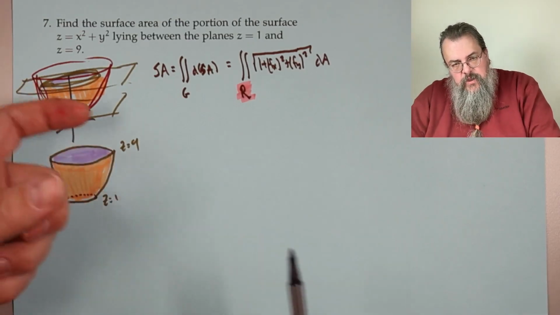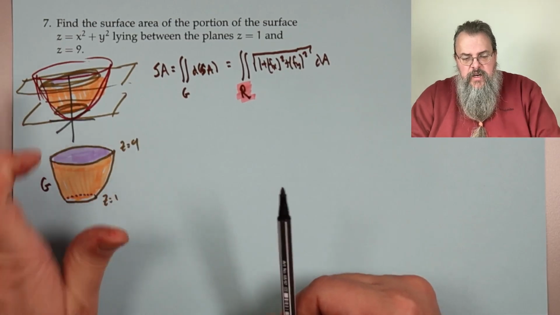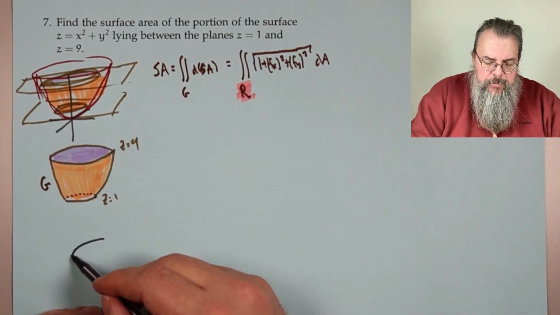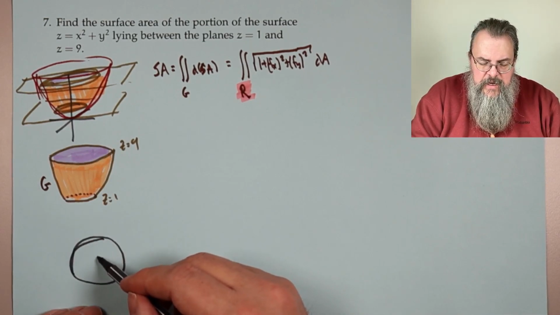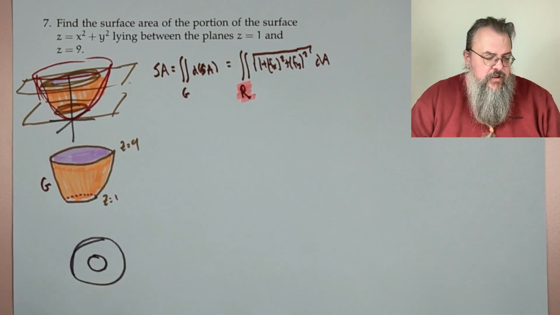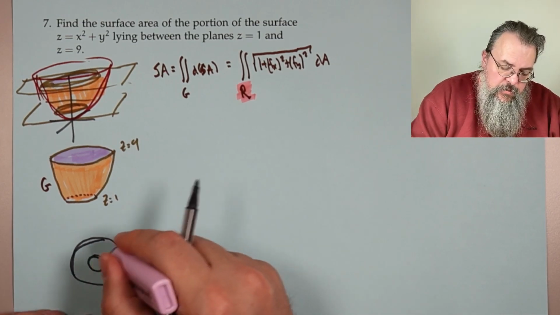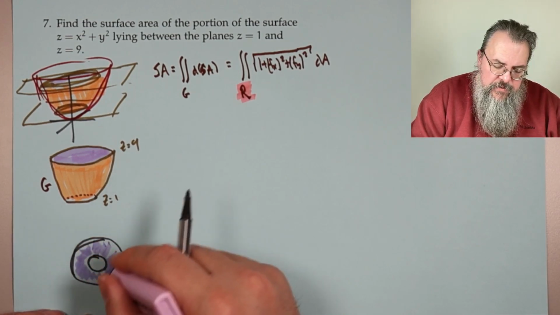Take this shape and look straight down. When you look straight down, the top looks like a circle, then you have the sides, and the bottom looks like a circle. From above, you're seeing the inside of that surface.